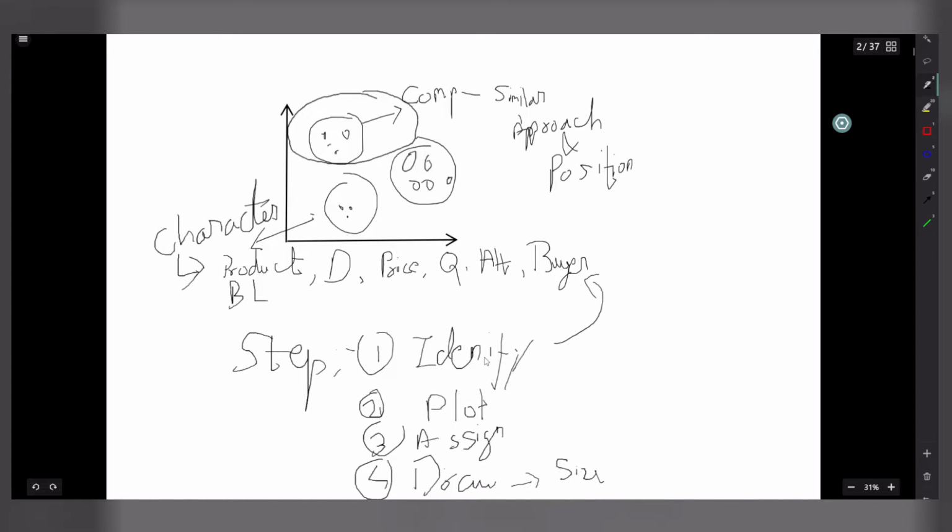After identifying, plot them onto a two-variable map, then assign them space as per their market share, and then draw circles based on the size of their market share, the total revenue they have in the whole industry. So this map area represents the industry area. That was strategic group mapping.